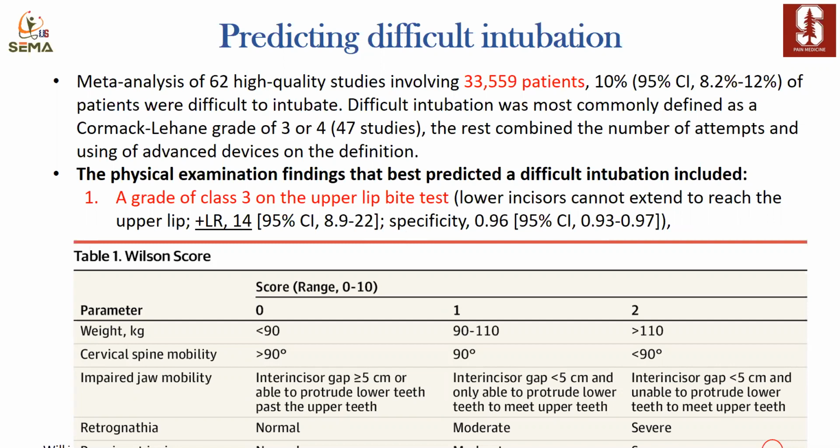Then for each one of them, you give a score, and basically what this meta-analysis showed, if you have a score of 4 or more, then your positive likelihood ratio is almost 7. While if your score is less than 4, it's useful to exclude difficult intubation.